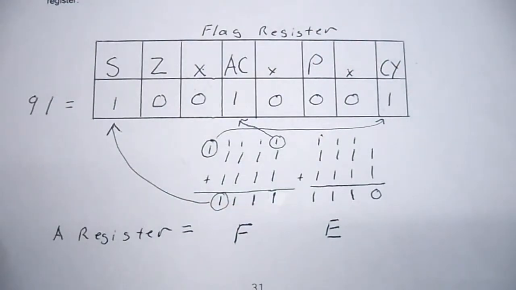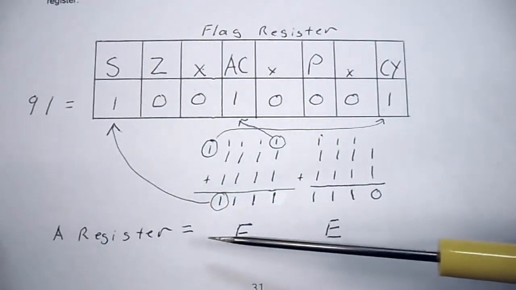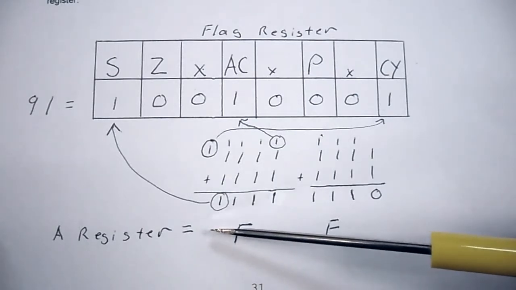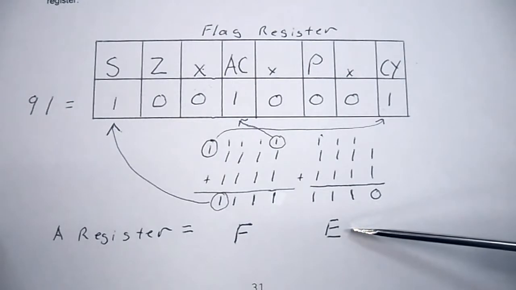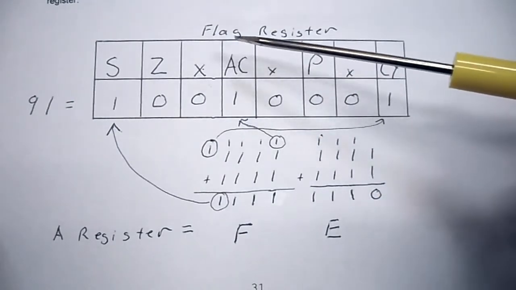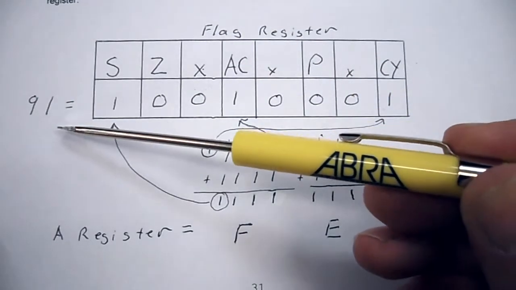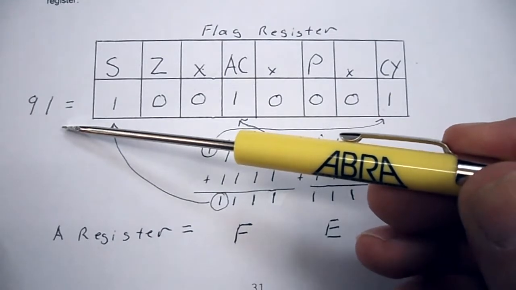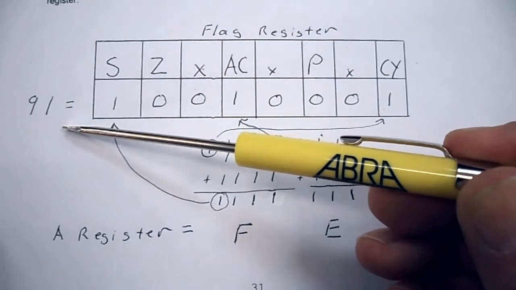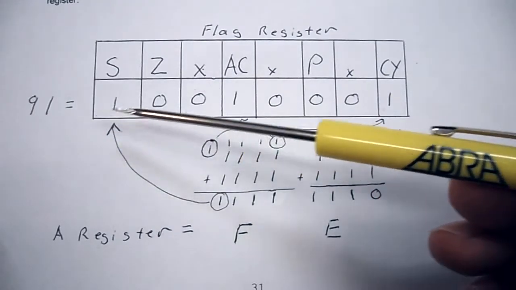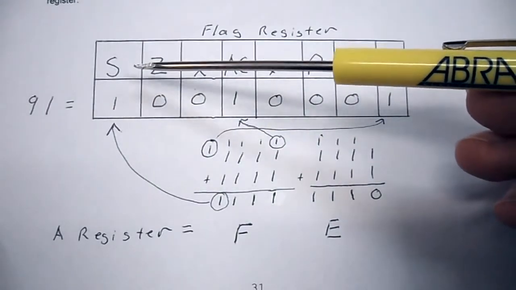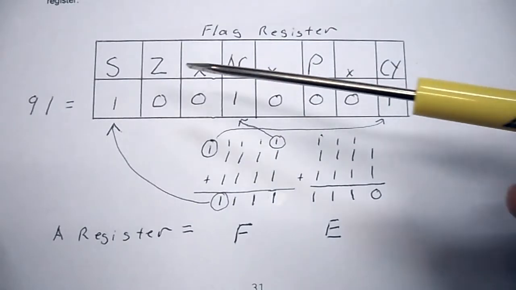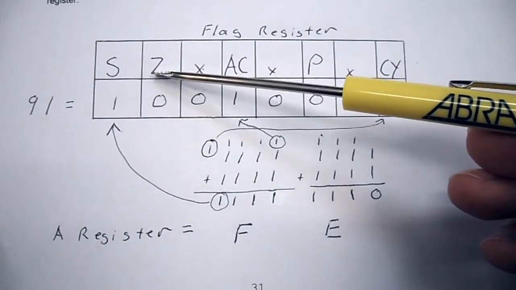So looking at the results from the AF register pair, we can see the A register has our math result of FE that we were expecting. The flag register has the result of 91. Now, in order to determine which flag bits were set, we need to decode the 91. So I like to draw these little boxes and write down what each flag register is.